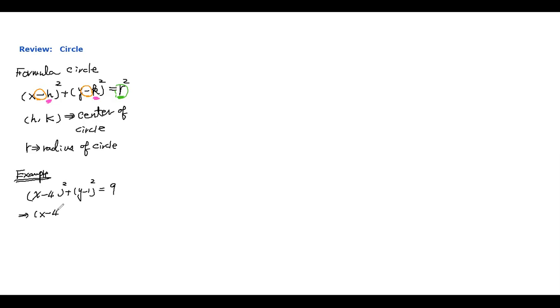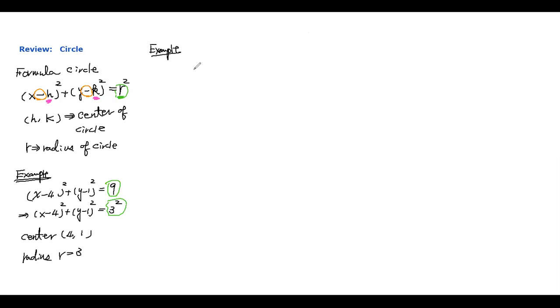What is 9? 9 is 3 squared. So the center is at (4, 1), and the radius for this circle is 3. Be careful here: you need to change this number to something squared. So the radius is 3.